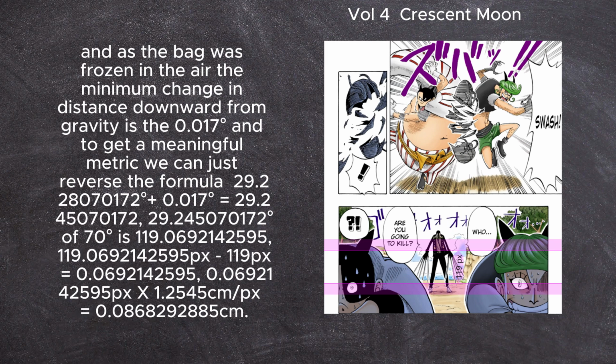To get a meaningful metric, we can just reverse the formula: 29.228070172 degrees plus 0.017 degrees equals 29.245070172 degrees. 29.245070172 degrees of 70 degrees is 119.06921425595 px. 119.06921425595 px minus 119 px equals 0.06921425595.